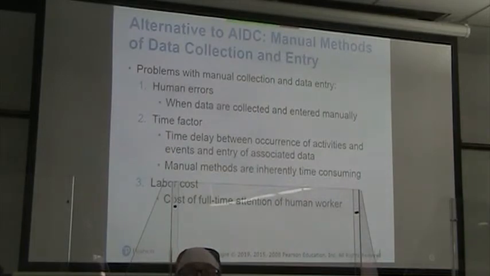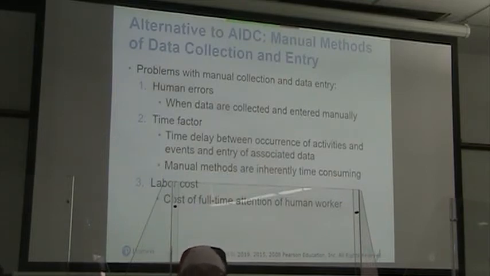Of course, with manual collection and data entry, we end up having three overarching problems. First is human error. When data is collected and entered manually, it's very easy to be entered ambiguously.